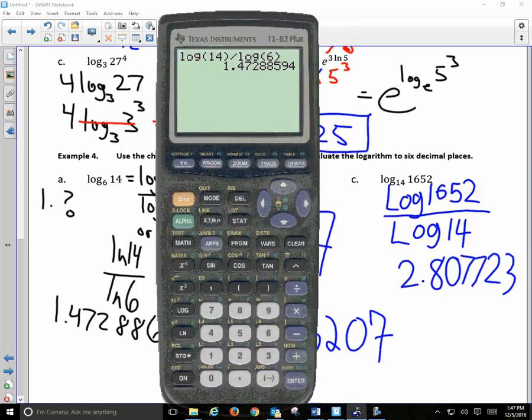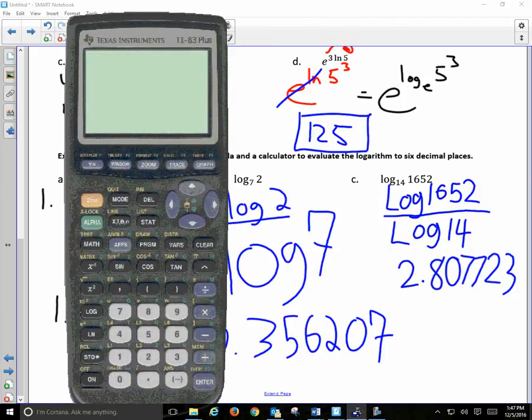Now, to those of you who are a little bit perturbed by these 6 decimal places, try to understand my point. We take 14 and raise it to the 2.8 power, and I get 1,618. Is that 1,652? No, it's not even close.